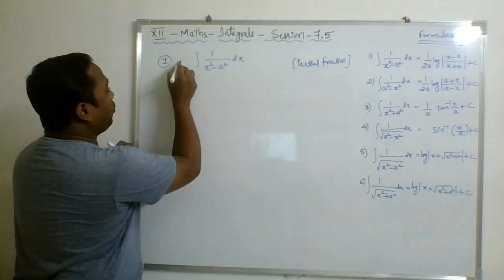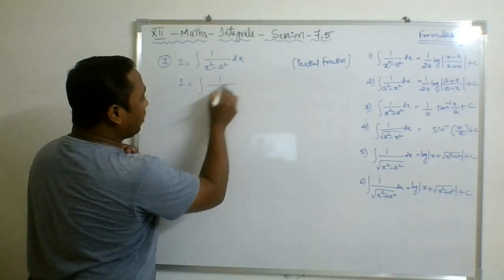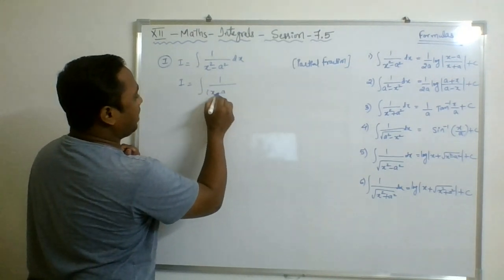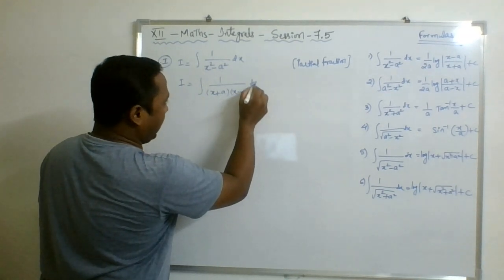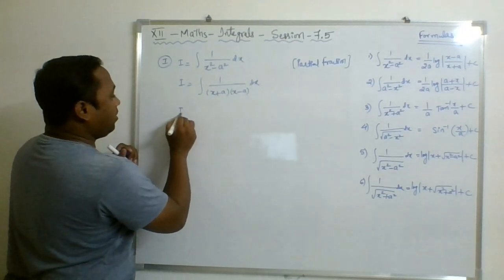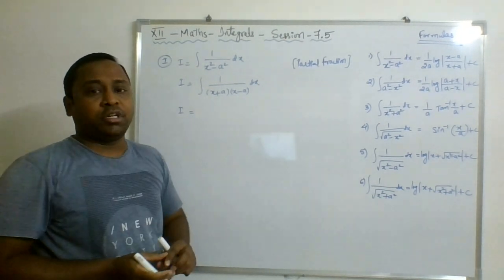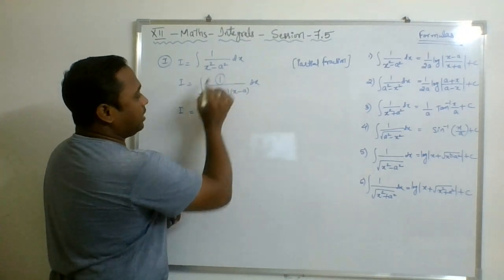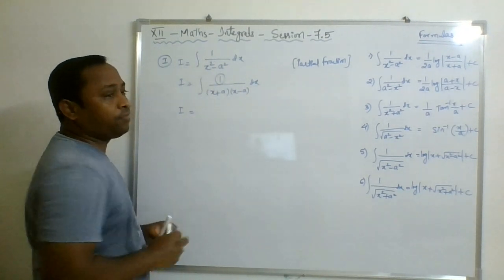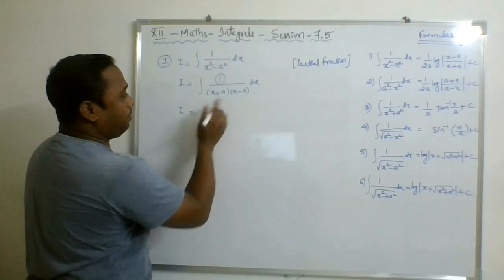So what I am going to do here is factorize this into linear factors, x minus a into x plus a, dx. Then split this fraction into simplest fractions just by writing this numerator as a difference of these two factors, linear factors.